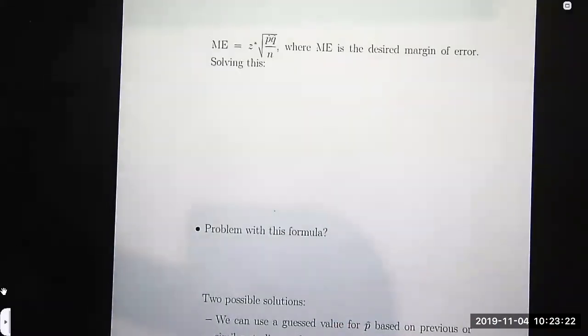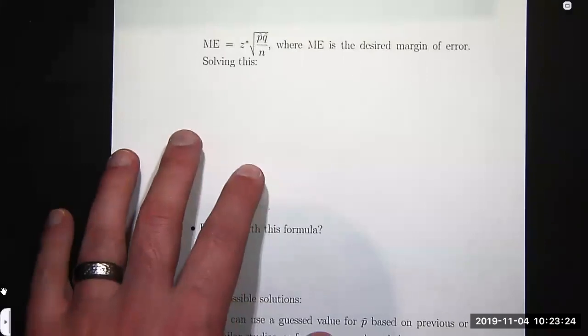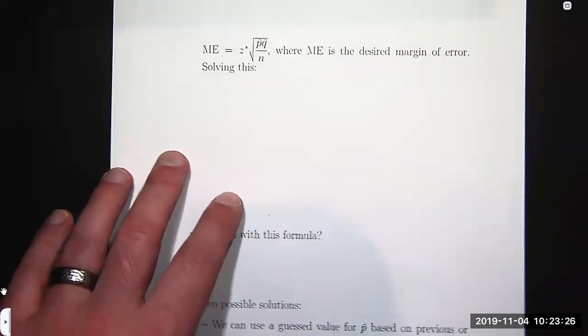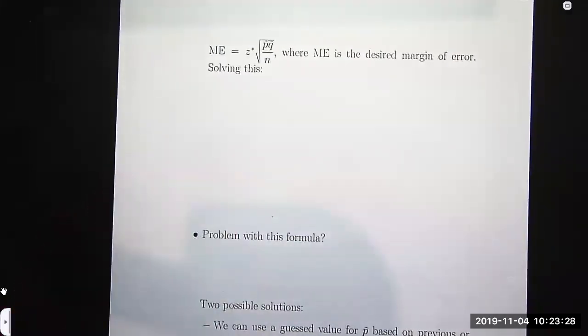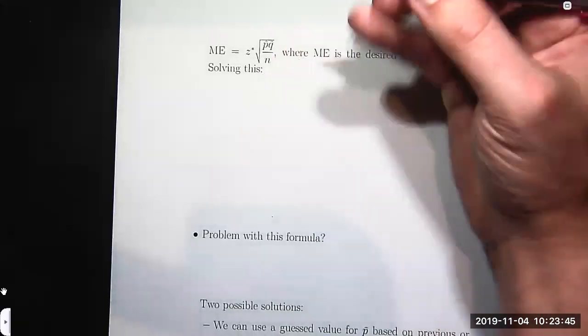So we can just find a general formula for what n should equal, given the margin of error in p hat and the confidence level, which gives us z star, the critical value. So let's just solve it.